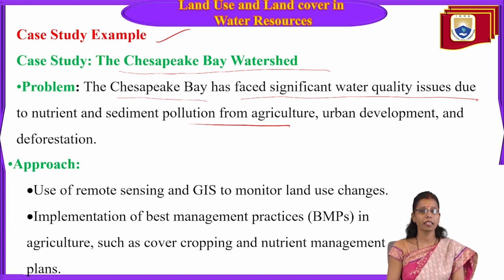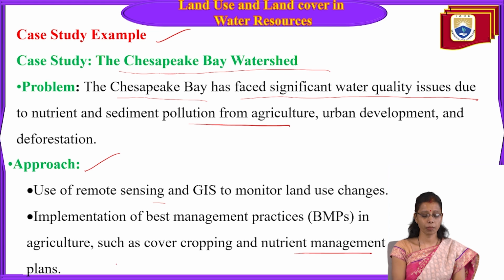So if you want to solve this issue, what is the approach? First, use remote sensing and GIS to monitor land use changes, along with implementation of best management practices in agriculture, such as cover cropping and nutrient management plans.